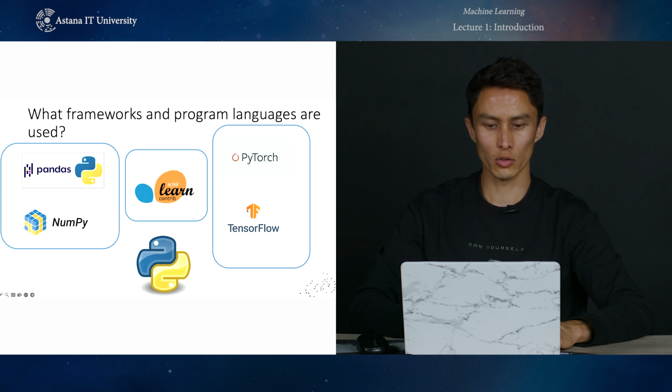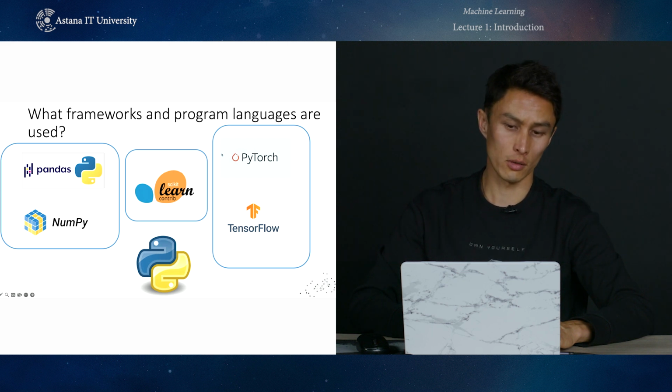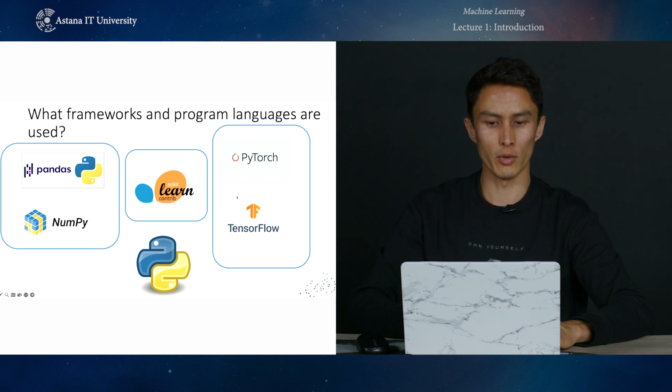Each of these frameworks has some advantages and disadvantages, but in general, they play the same role. They make it easier to develop deep learning algorithms. And all of these frameworks work using the Python programming language. Yeah? Python is a general purpose programming language.